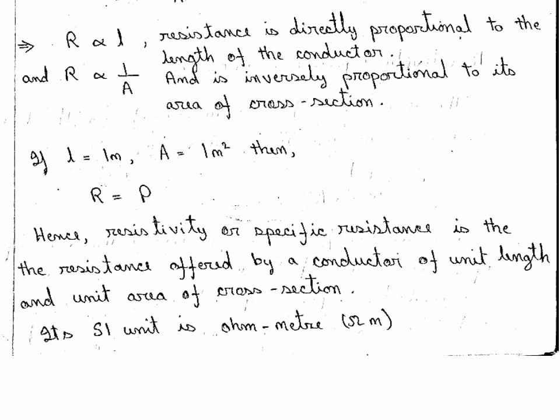So that is the definition of this specific resistance or resistivity: the resistance offered by a conductor of unit length and unit area of cross section. And the SI unit can be found from the formula itself. It's ohm meter. That's the SI unit of resistivity.